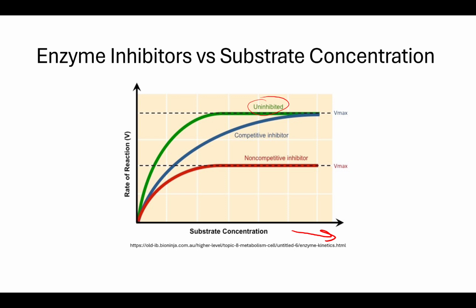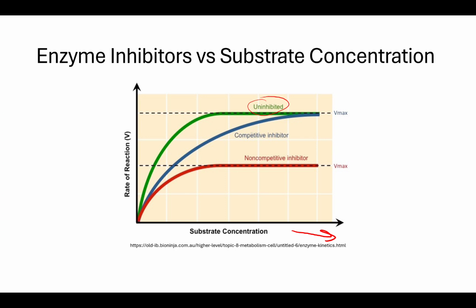Remember, as you increase substrate concentration, eventually the rate of the reaction will level off because you've occupied all of your enzymes. If you have a non-competitive inhibitor, if you keep the amount of non-competitive inhibitor constant, and you just increase the substrate concentration, the non-competitive inhibitor is going to have an impact no matter how high the amount of substrate you have.